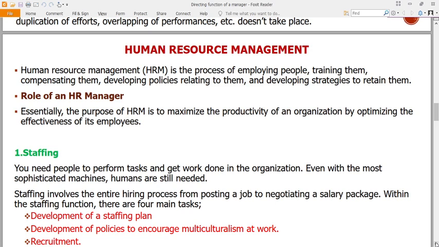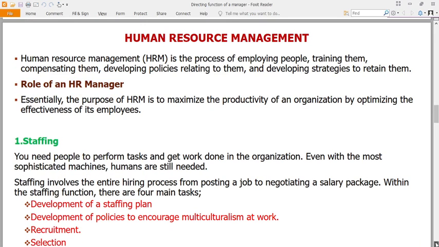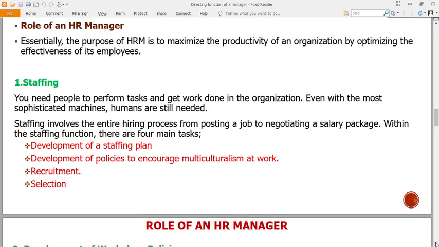What is the role of a human resource manager? The basic purpose of human resource management is to maximize productivity of an organization by maximizing the effectiveness of the employees in that organization, and therefore the human resource manager is in charge of staffing.